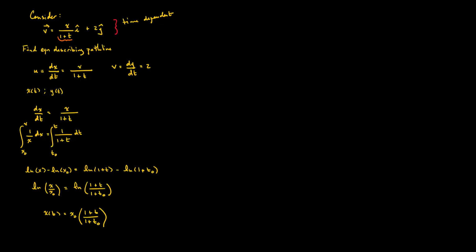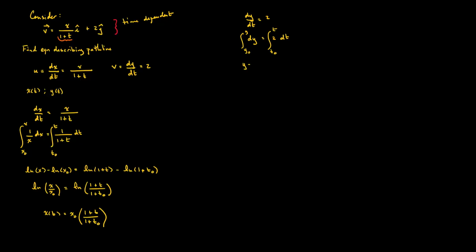If we look at the y component, we have dy by dt is equal to 2. So we have dy is equal to 2 dt, which again, we can integrate from y naught to y and t naught to t.